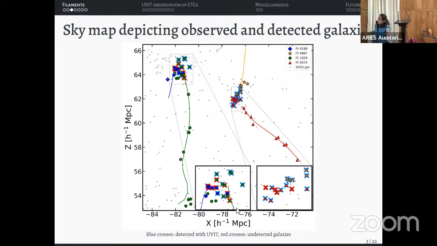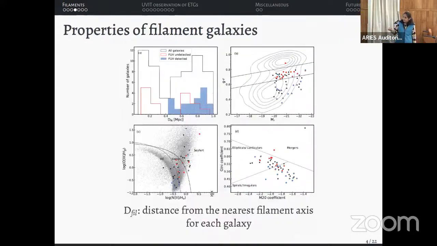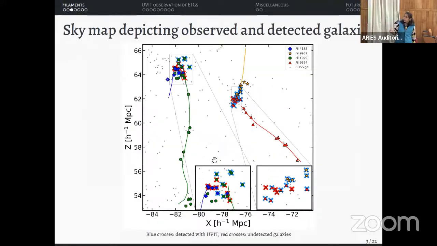These crosses are the galaxies that were detected with FUV, the blue crosses are the galaxies that were detected, and red ones are the galaxies which were observed yet not detected. All these galaxies lie in the same field of view, so they were all observed, each frame was observed for 7 kiloseconds.